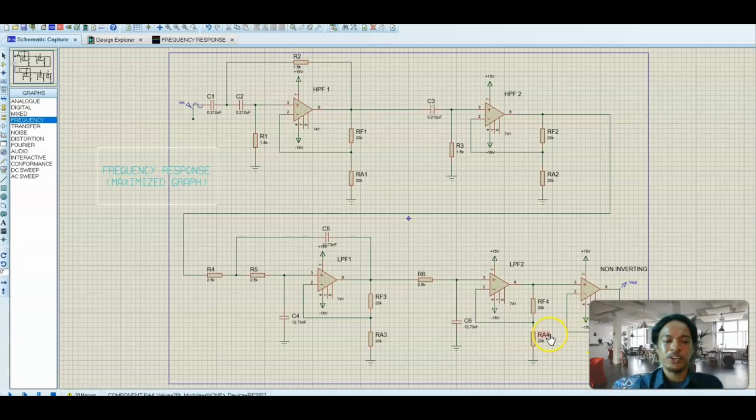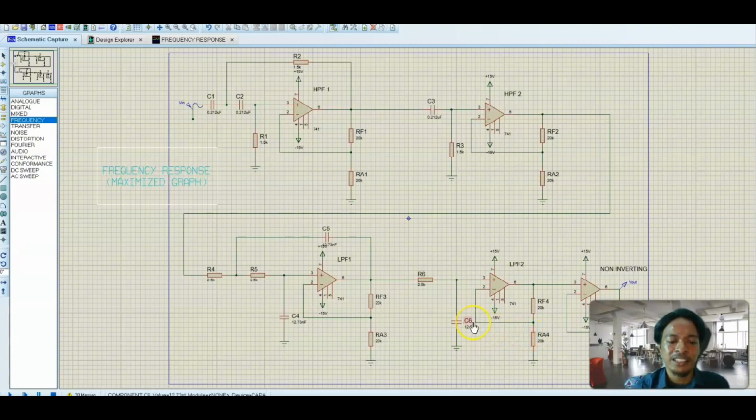After we design the circuit, we need to run this circuit to get the graph for our gain and low cutoff frequency and high cutoff frequency.